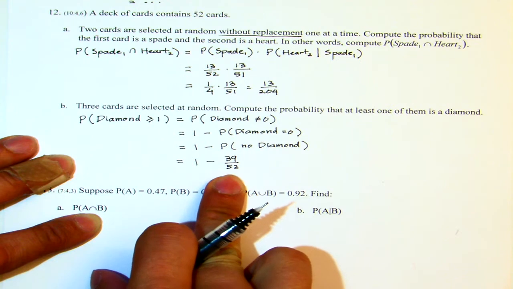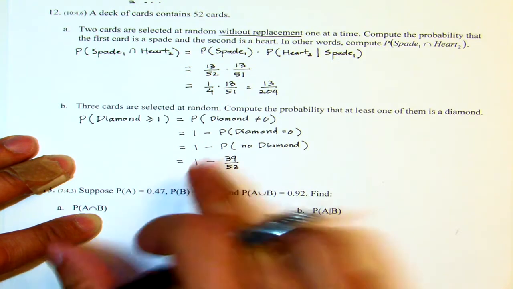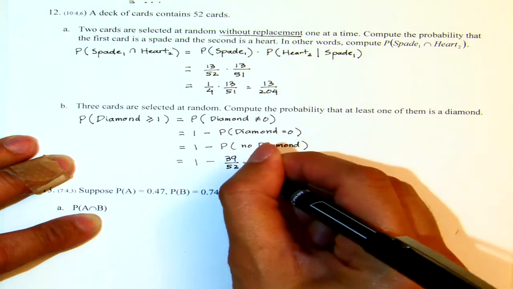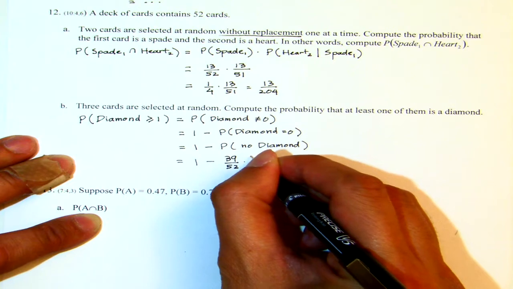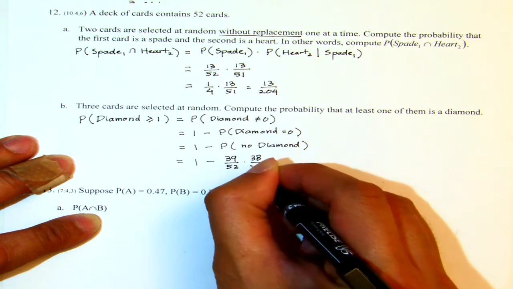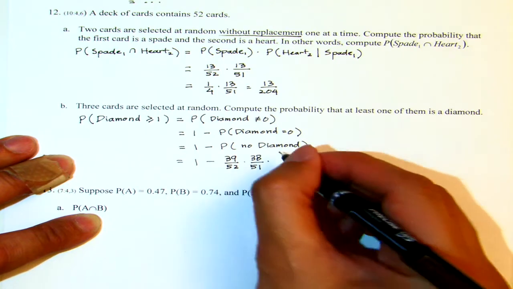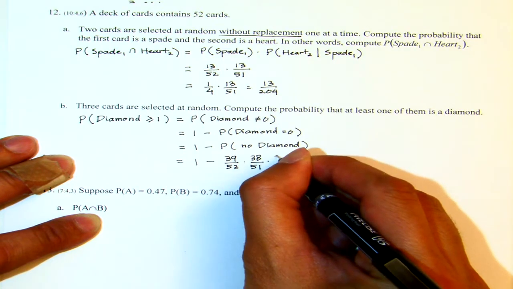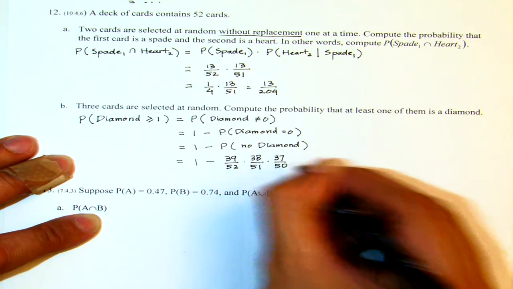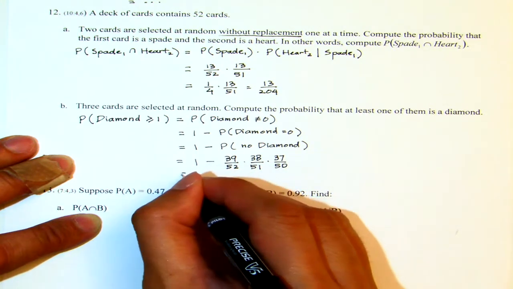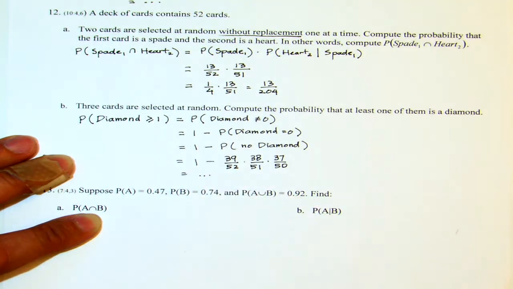If you think about it, it's actually 3/4, right? Because we have the 4 denominations, 3 of them not diamond. And then the second one, also not a diamond, that will be 38 out of 51. And the third card, also not a diamond, will be 37 over 50. Okay, now anything after that, you use a calculator.